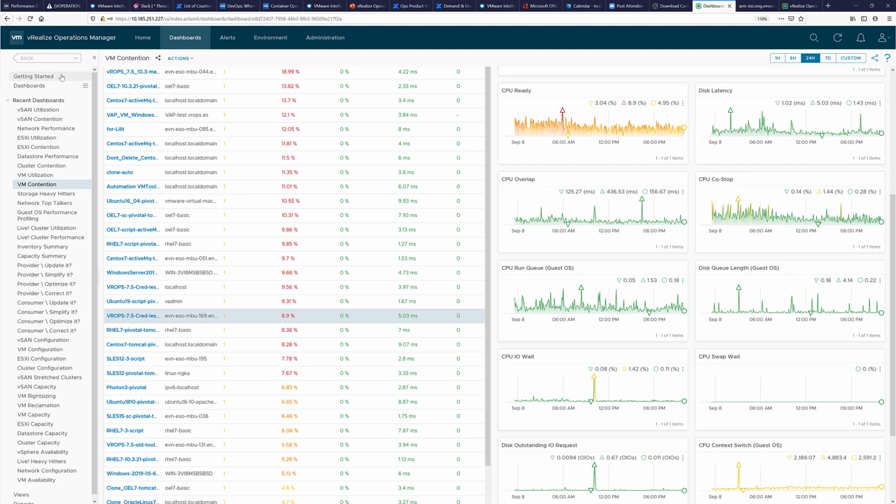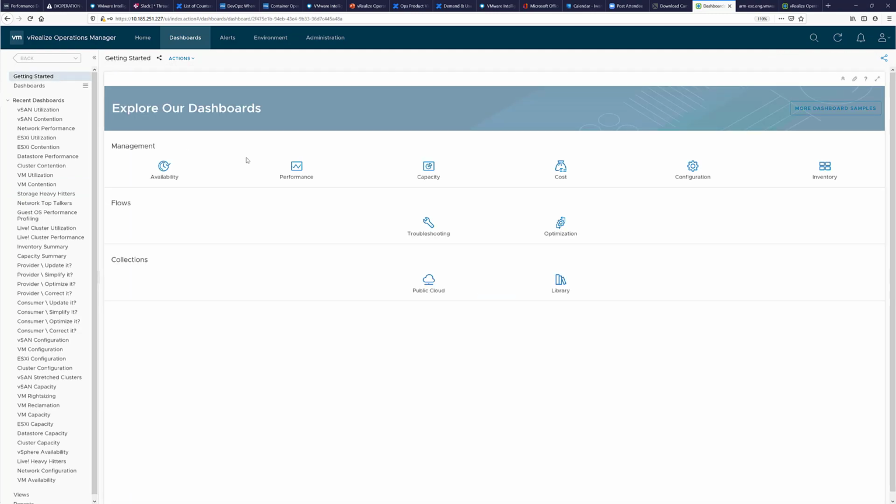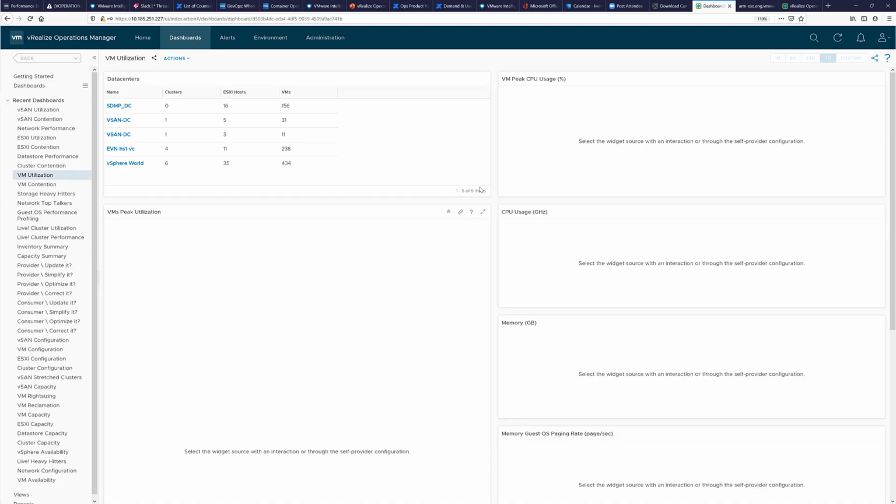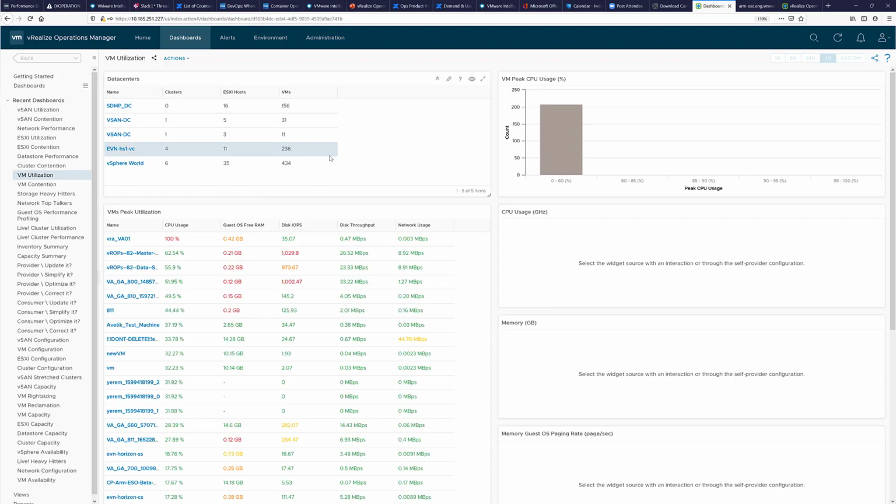Now let's look at the VM utilizations. And again, progressive disclosure, very similar. I select a data center, and this time around it is focusing on the utilizations of the VMs. Is any of them running hot?